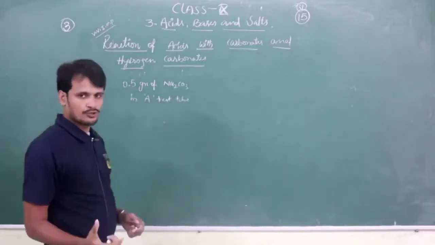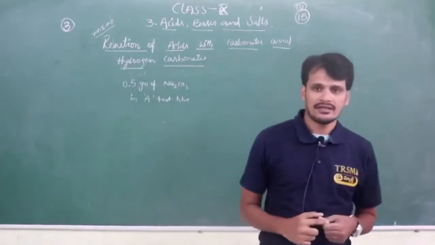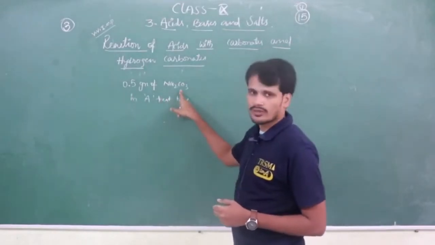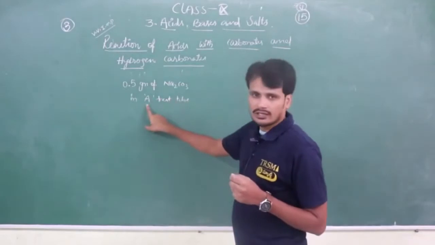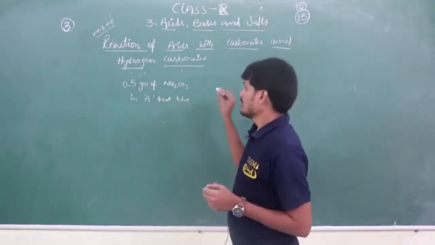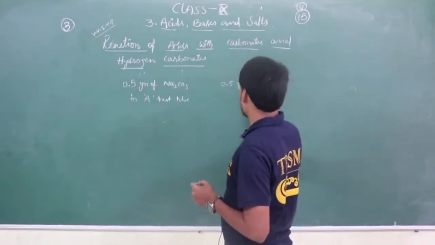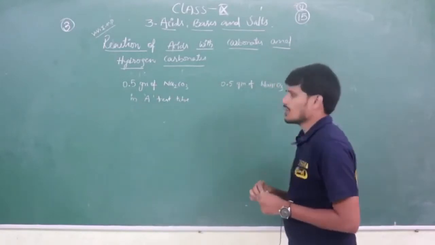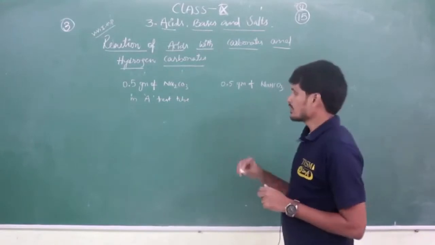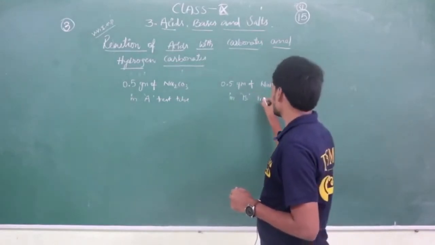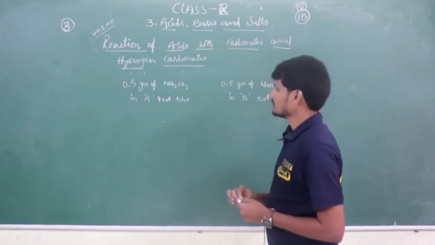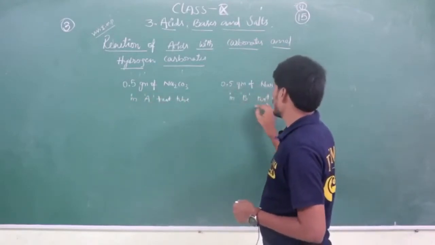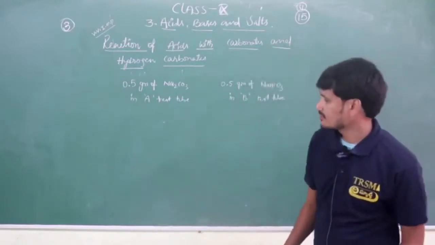First, take two test tubes and label them A and B. I am taking 0.5 grams of sodium carbonate in test tube A. Next, 0.5 grams of sodium bicarbonate, or sodium hydrogen carbonate, in test tube B. So let's arrange the apparatus.